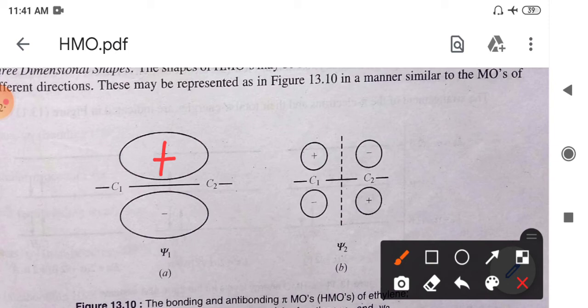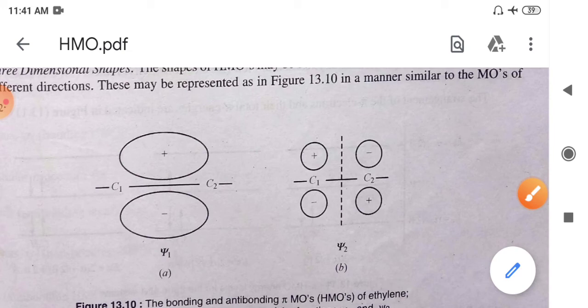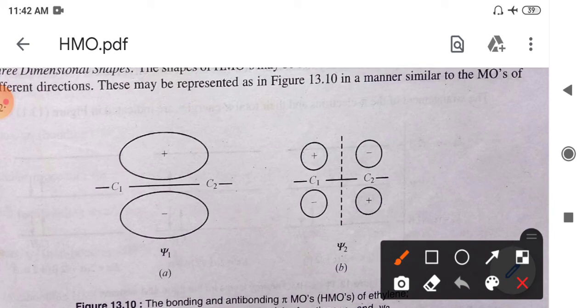So there is no such thing as a positive or negative electron density, which is always positive. This sign representation is only a manner in which these molecular orbitals can be represented.